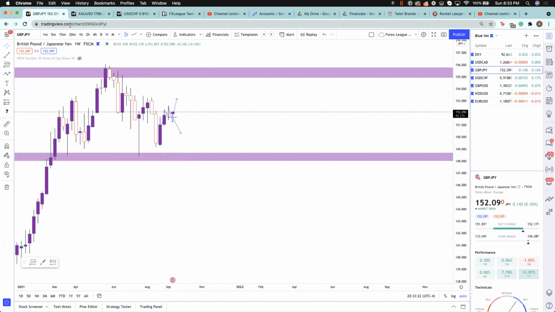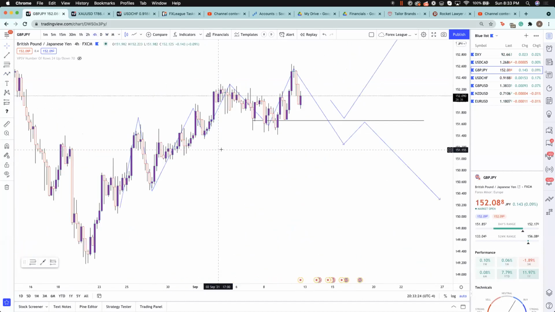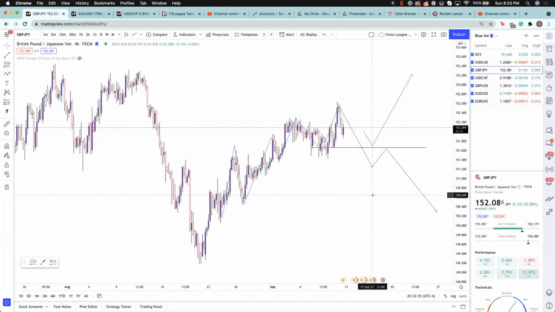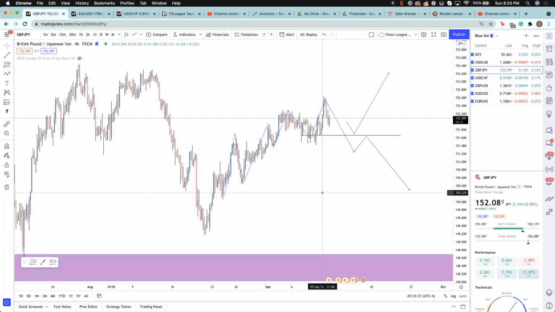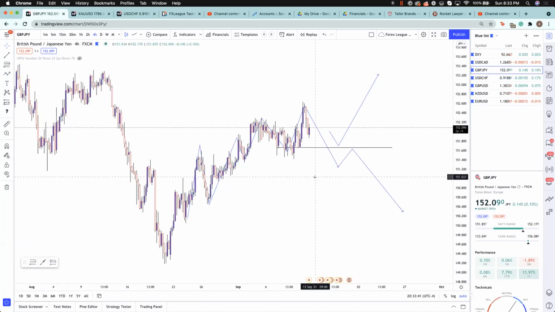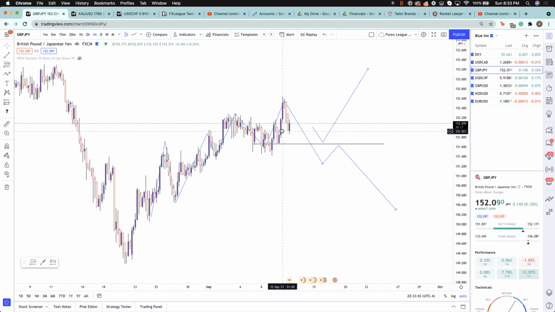So let's just break this down to the 4-hour time frame. On the 4-hour, I noticed that we're in an uptrend. So we're making higher highs, higher low, higher high, higher low over and over again. So for me to actually get into that sell, to actually take advantage of that weekly zone that we are in, I need to see some sort of break and retest.